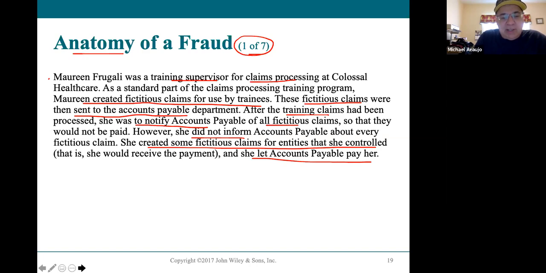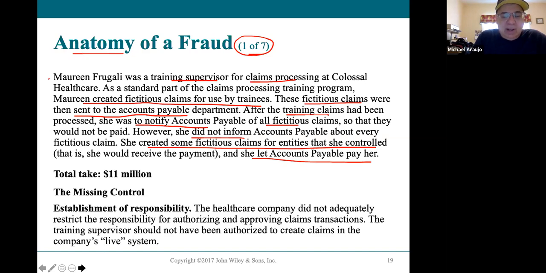How much did it cost this healthcare company? $11 million. Okay. What was missing? Well, basically, the company needed to establish a stronger responsibility to her, right? The training supervisor should not have had the ability to create claims in the live system.